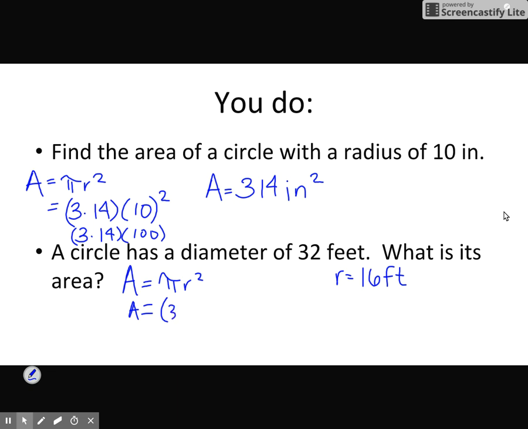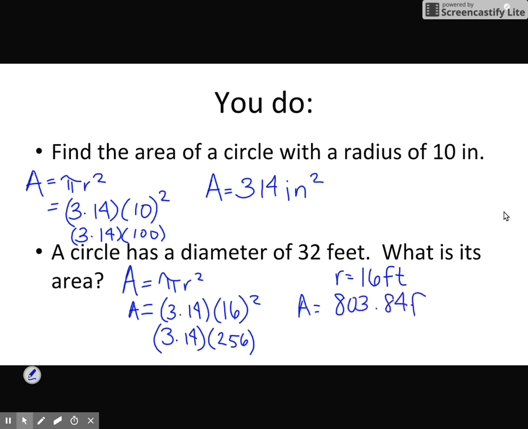Area equals 3.14 times 16 squared. 3.14 times 256. Your final answer, area equals 803.84 feet squared.